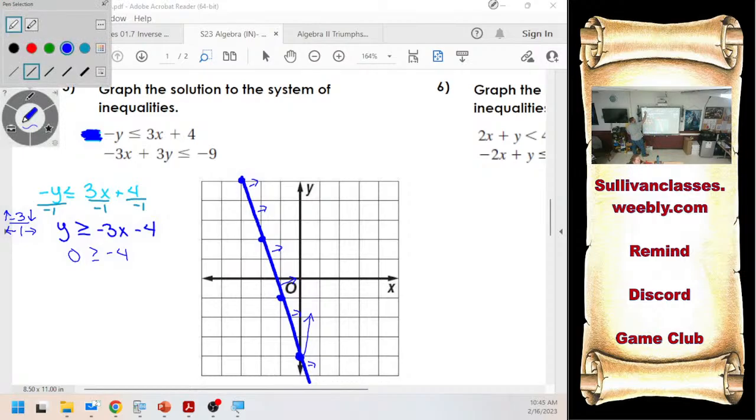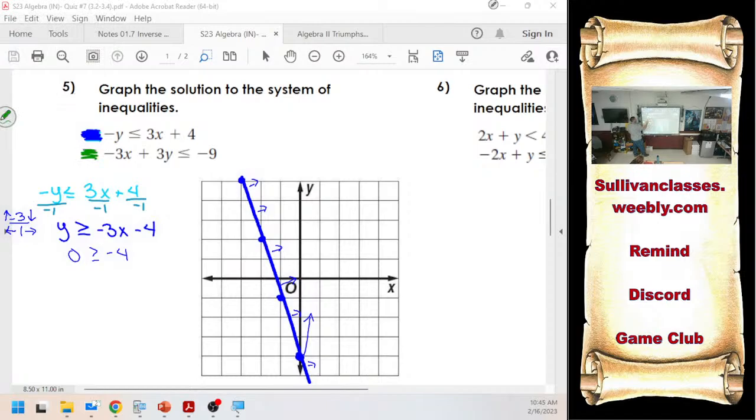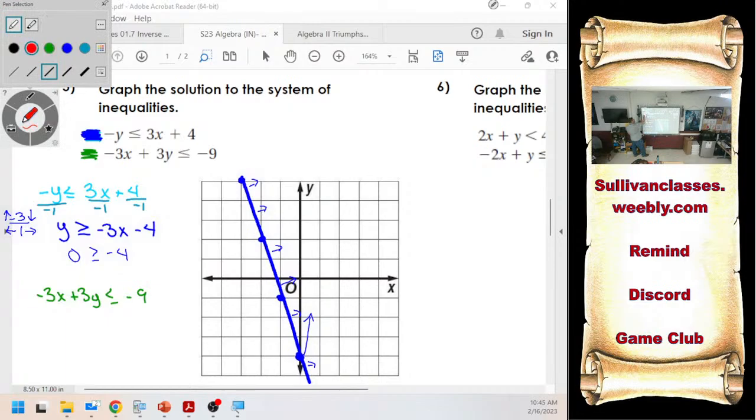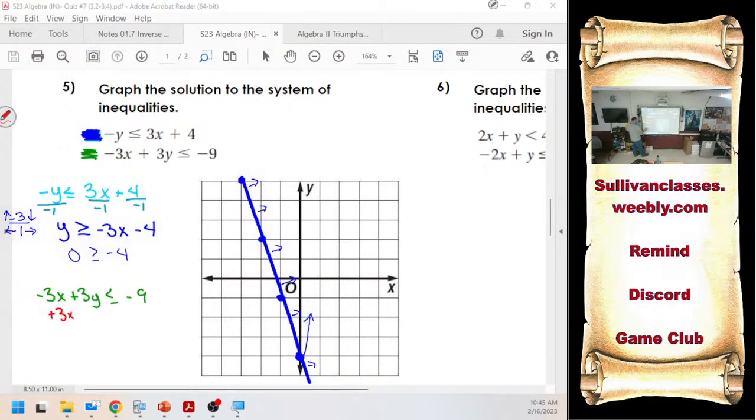Okay, same thing. Okay, contestant 2. I've got -3x plus 3y is less than or equal to -9. That does not look right, so I'll add 3x to both sides, getting 3y less than or equal to 3x minus 9.